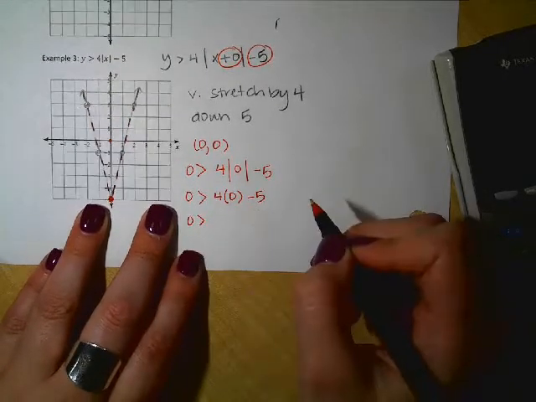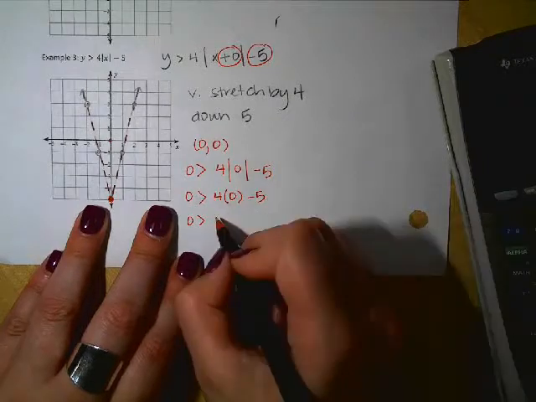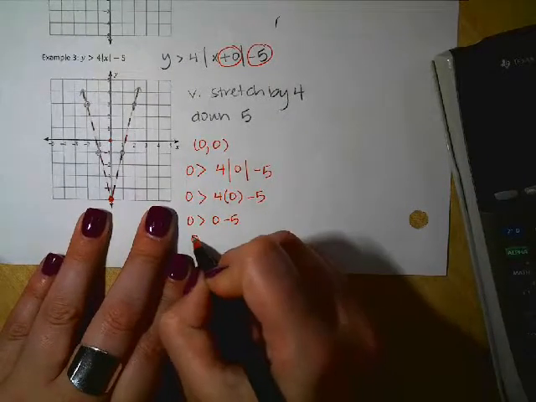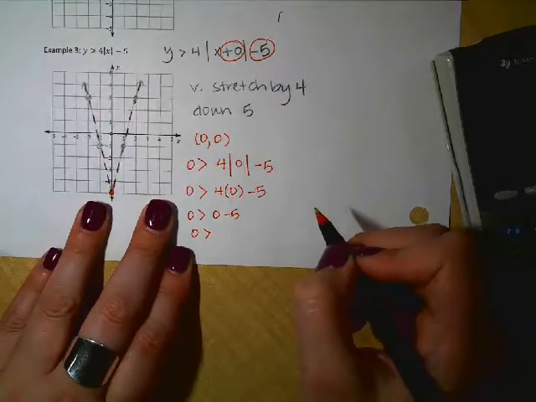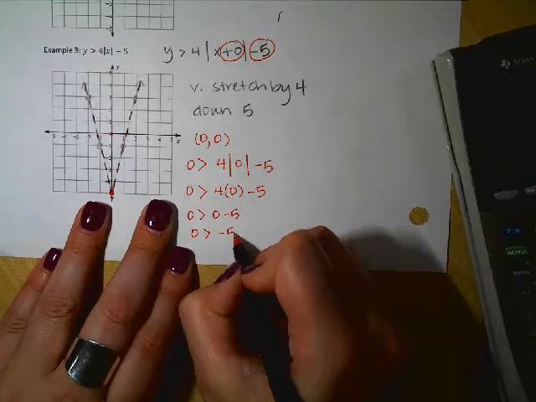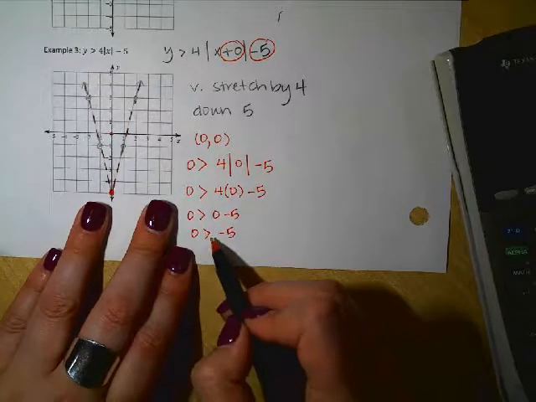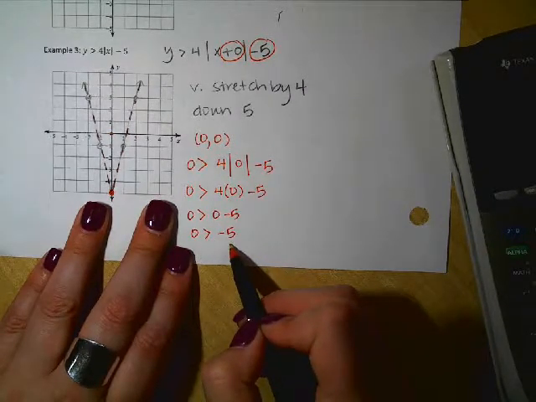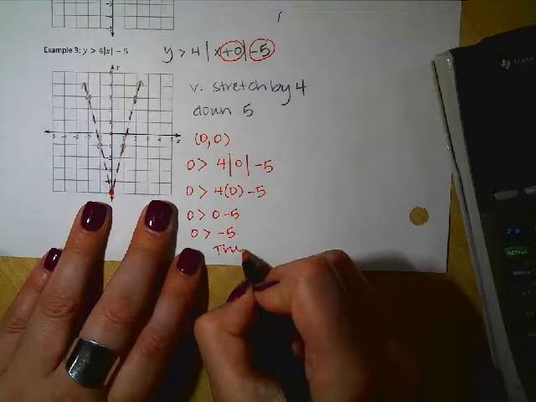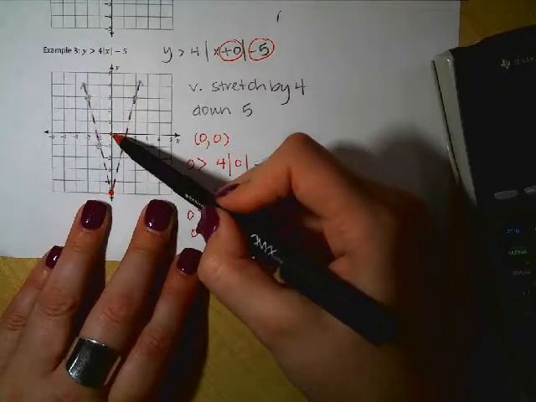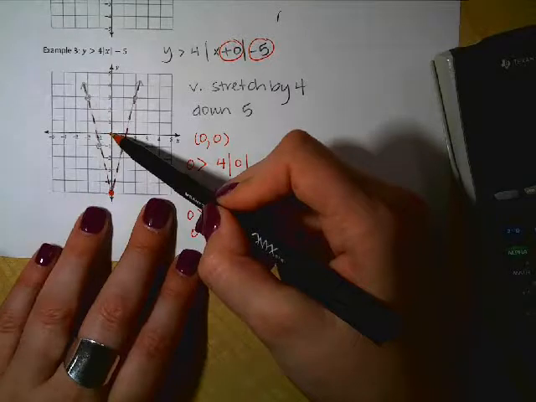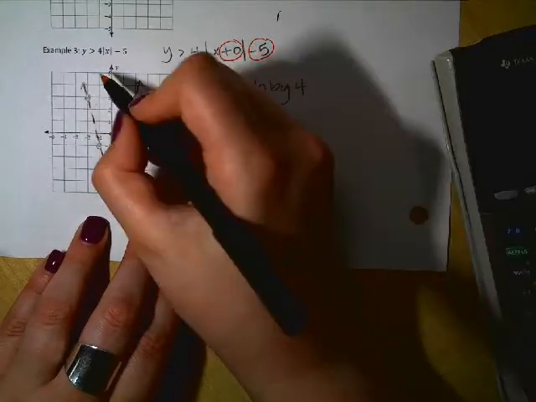What is 4 times 0? 0. Okay, 0 minus 5. What is 0 minus 5? Negative 5. Is it true that 0 is bigger than a negative number? Yes, that is true. So 0 is inside, and that's true, so where do we shade? Inside.